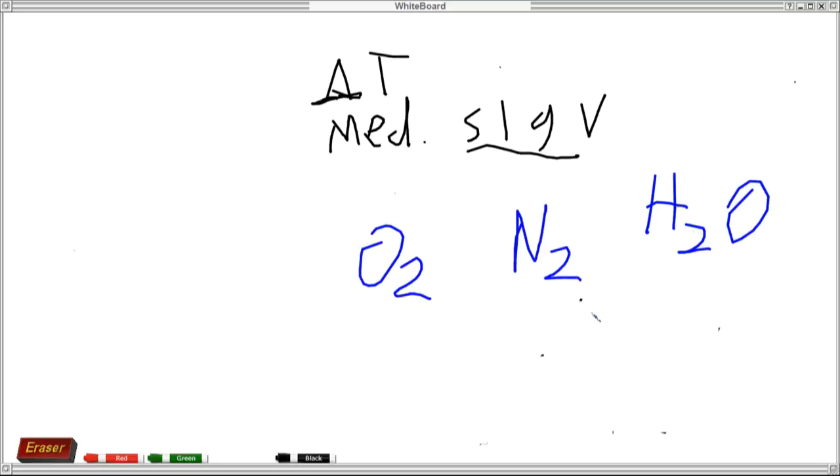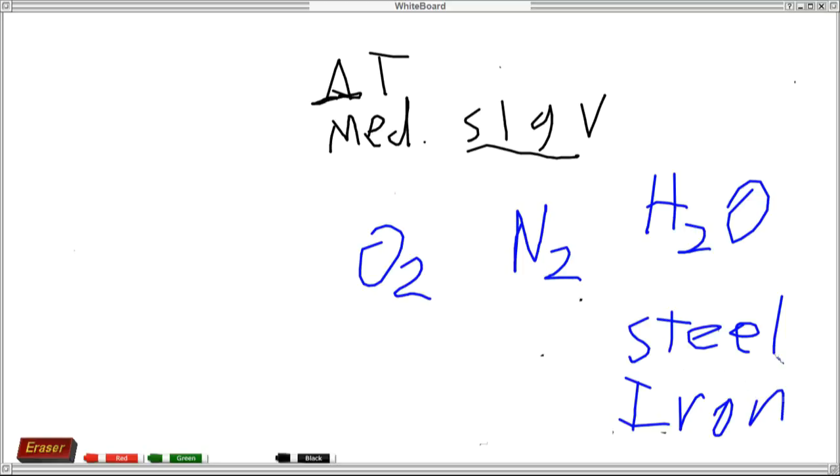Another thing that has high heat capacity, and this is in the solid section, is steel, or iron. Those have high heat capacity.